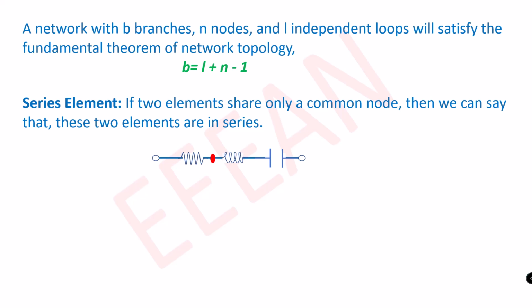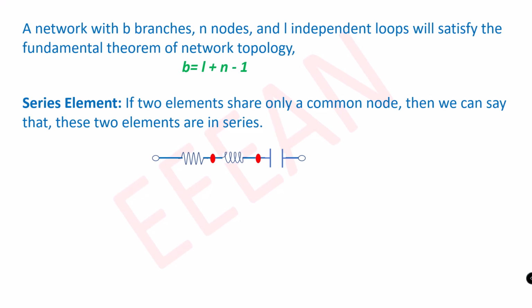That's why these two are in series. Similarly, the inductor and the capacitor have a common connection point. So these two are also in series. So we can say that the resistance, inductance and capacitance are in series in this circuit.